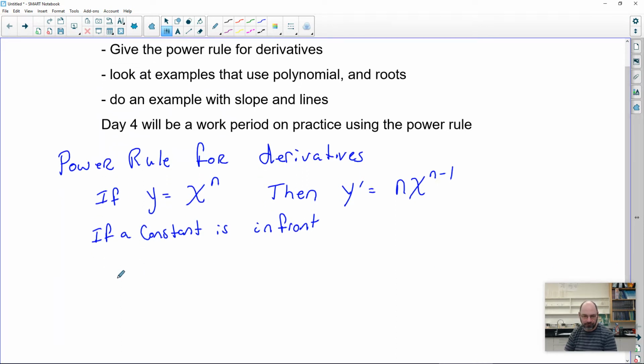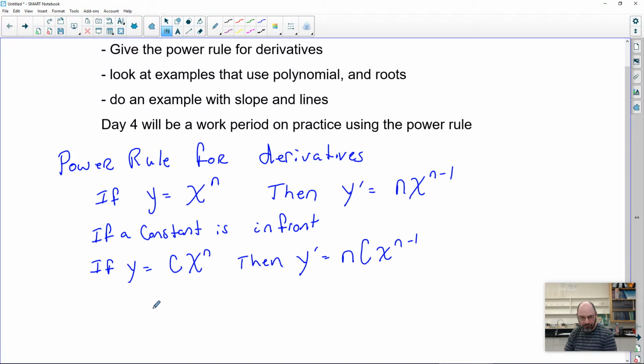So if you had y equals c x to the n, where c is a number, so that could be 3, 4, 5, whatever it might be, then the derivative, or y prime, would equal n, but the c stays there, x to the n minus 1. So that c stays in there for your constant.